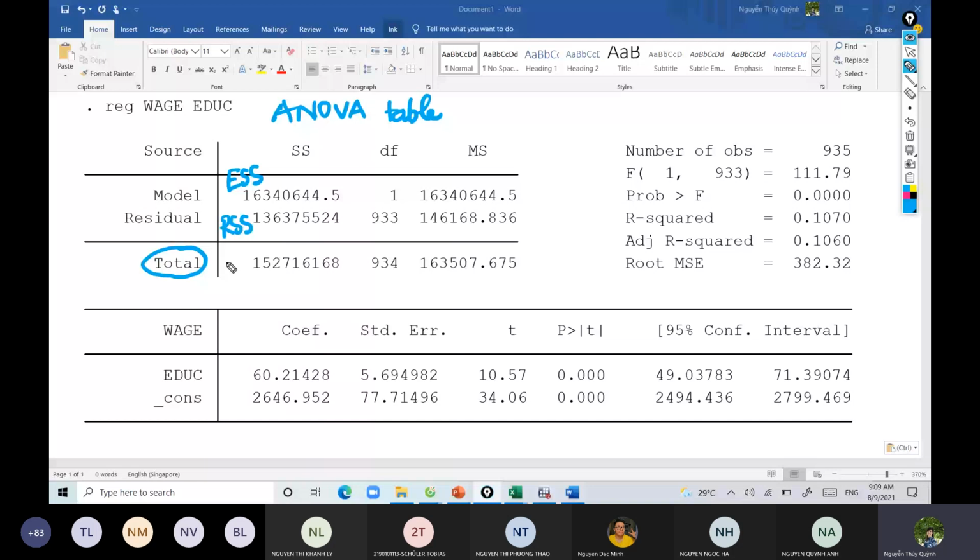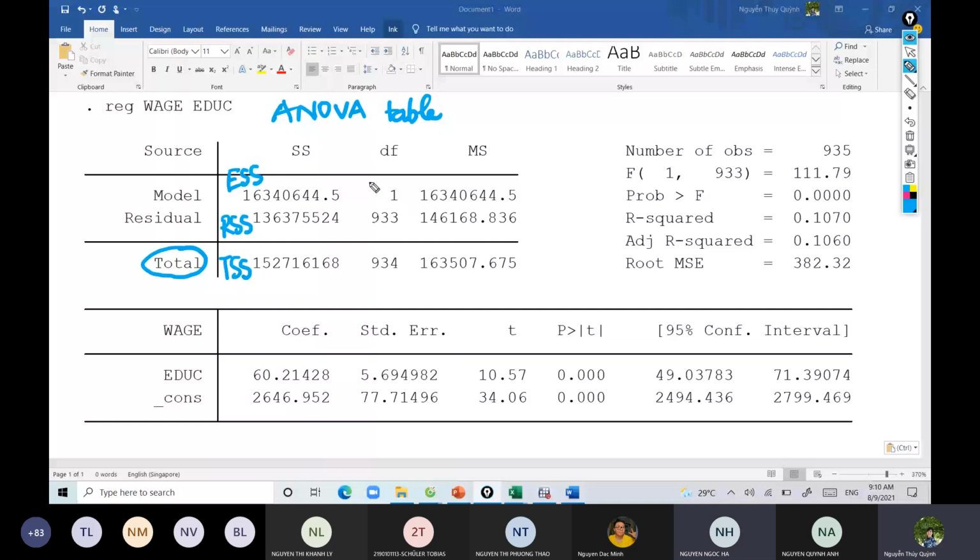This column is the degree of freedoms of those sum of square. Okay, what is the degree of freedoms for ESS? 1.